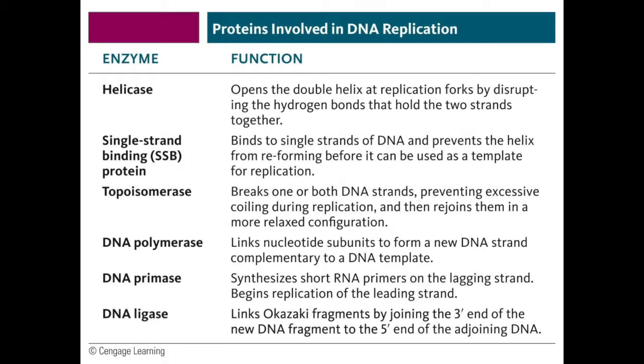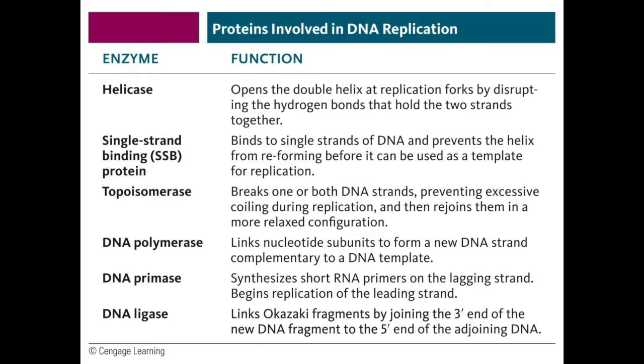And because DNA is a helix, as helicase is moving and cutting those hydrogen bonds, the DNA starts to coil up, and it can undergo something called supercoiling if an additional enzyme isn't there to prevent that supercoiling. And supercoiling is because of pressure that occurs on both ends of the replication forks as the DNA is split apart.